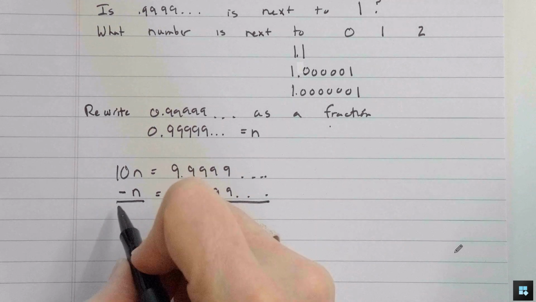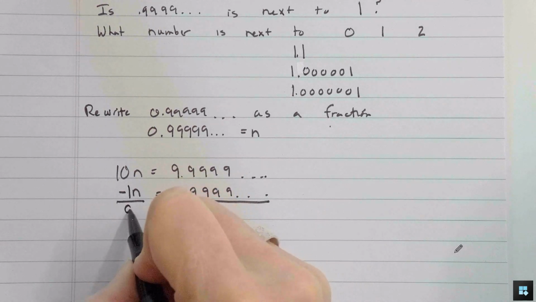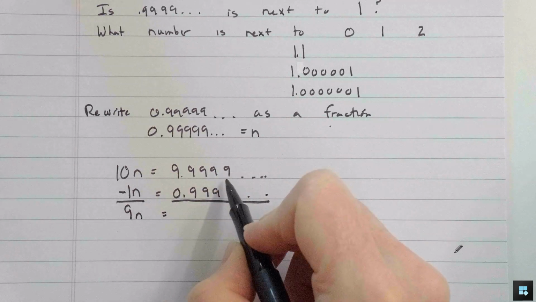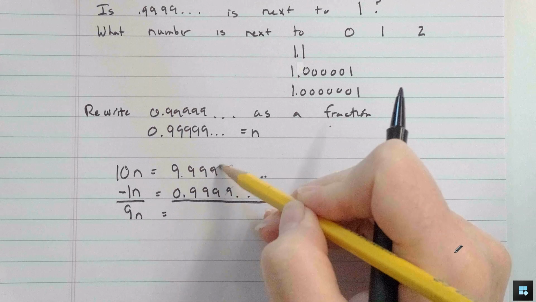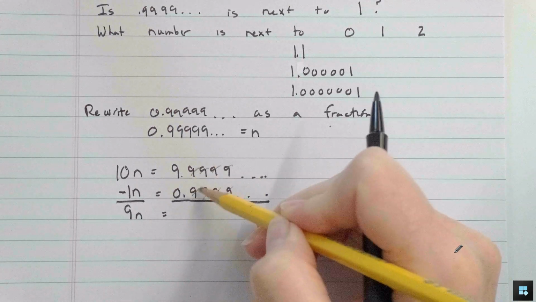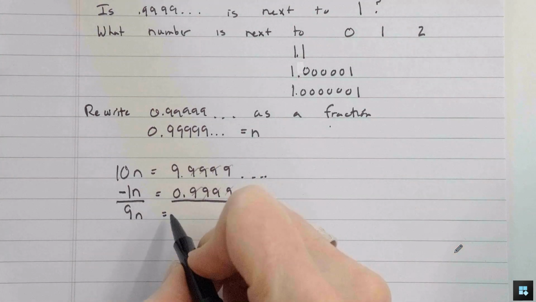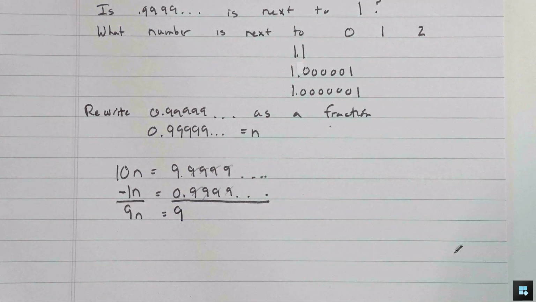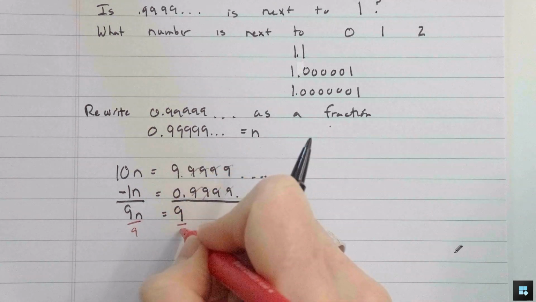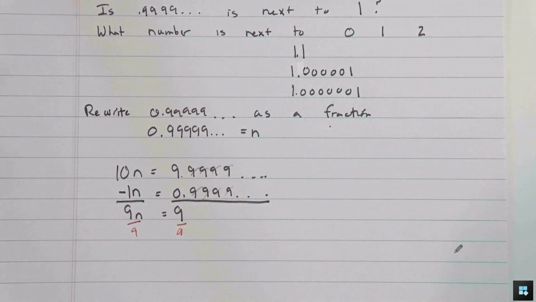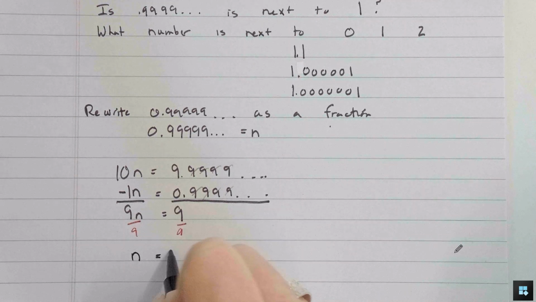Ten n minus 1n, that's 9n. And here when I subtract, those 9s are lining up, so they subtract away. I'm left with 9 minus 0, which is 9. So I have 9 times n equals 9. I'll divide both sides of the equation by 9. N is 1.